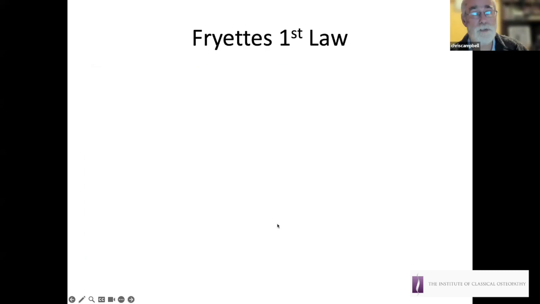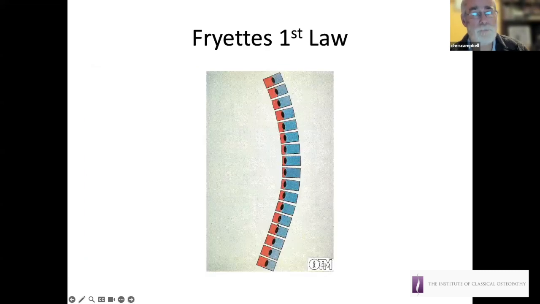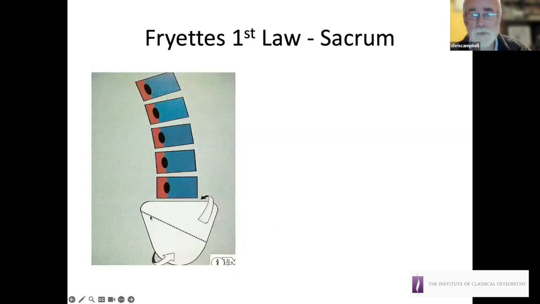Yeah, wrong way. And the second law of the sacrum will tilt basically along this oblique axis from one side to the other, the right on right axis, or the left on left axis, and it will rotate forward, which means the base line will be tilted, in this case, to the right.